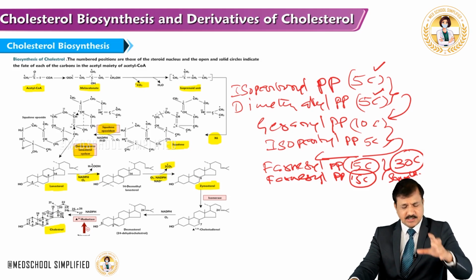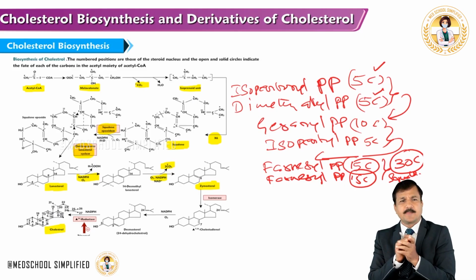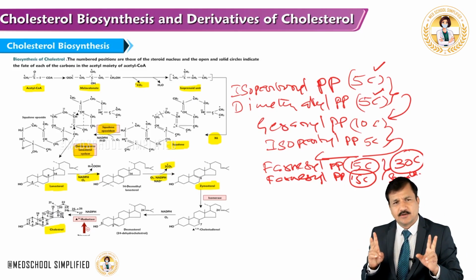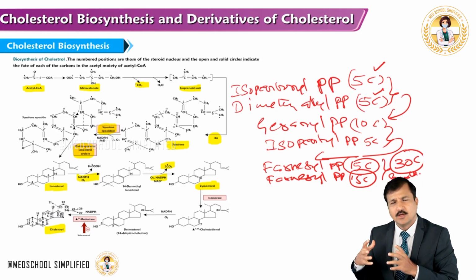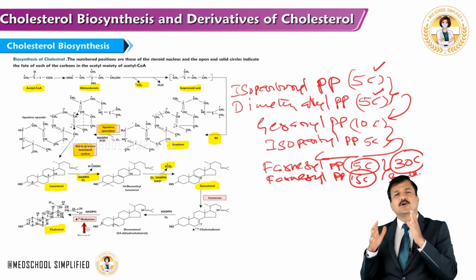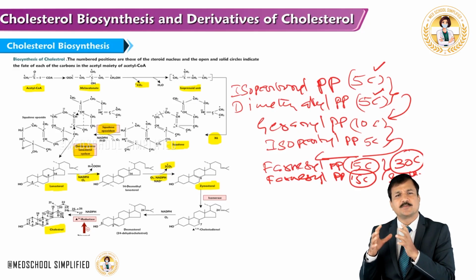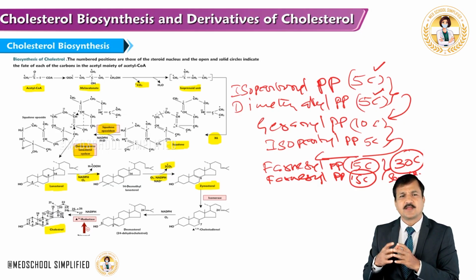Okay, so let me just quickly revise all the things that we have seen, in a simple way. So listen to me carefully. 2 acetyl-CoA molecules combine with one another to make acetoacetyl-CoA. That's how carbons of acetyl-CoA come into cholesterol biosynthesis. So the HMG-CoA molecule undergoes a reduction process to make mevalonate, done by the HMG-CoA reductase enzyme, the most regulated enzyme in the cholesterol pathway.